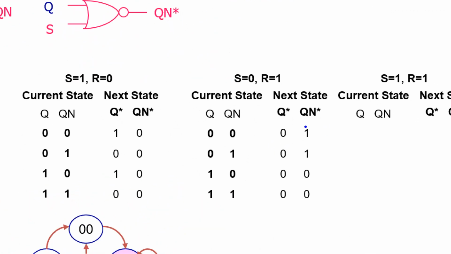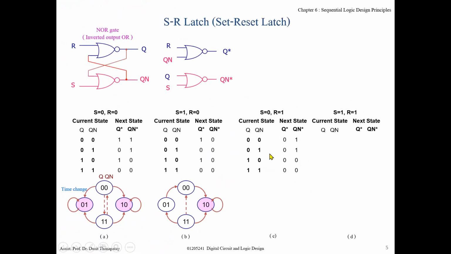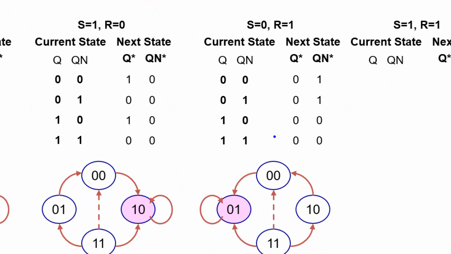Q is 0. Qn star is the input of Q. And when you write the diagram, again, if you start from 0, 0, it goes to 0, 1. If you start from 0, 1, it goes to 0, 1. If you start from the 1, 0 state, it goes to 0, 0.